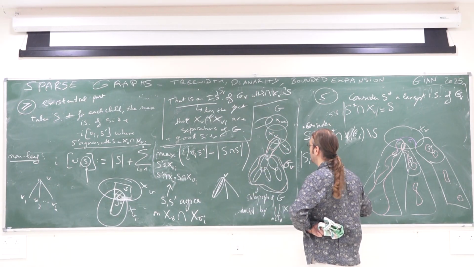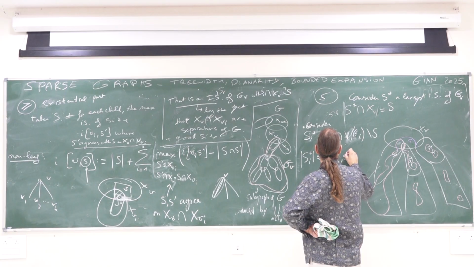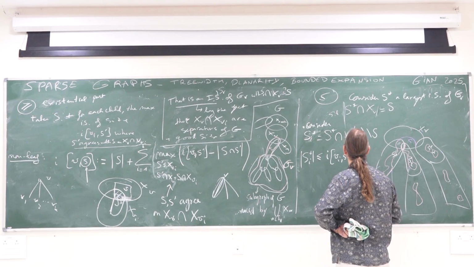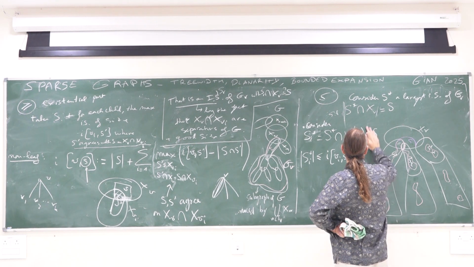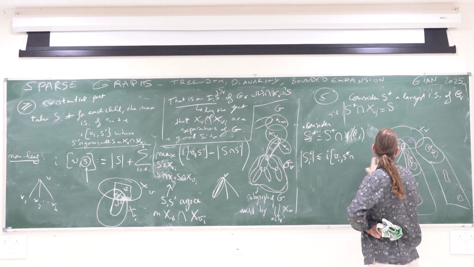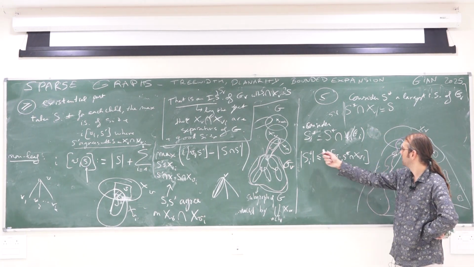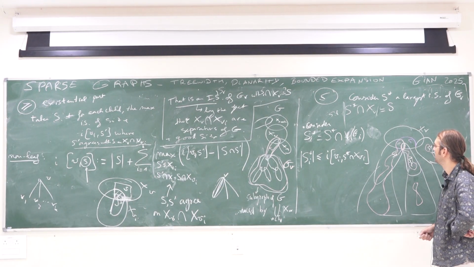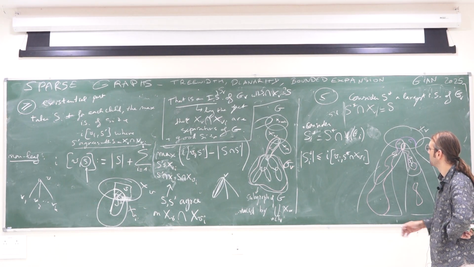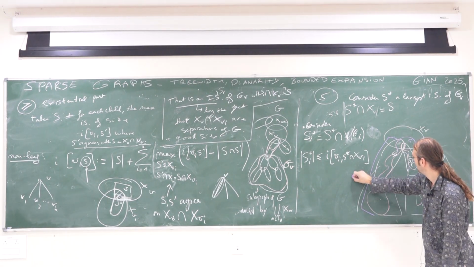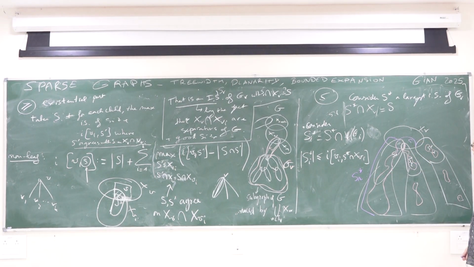At most this, S star intersection XVI. Maybe I don't remove S. So I take Si star, is this thing. I'm just essentially cutting out the other parts. I looked at them individually.